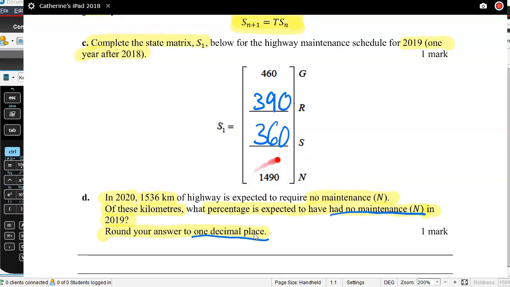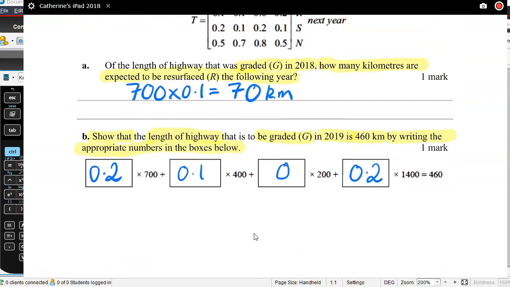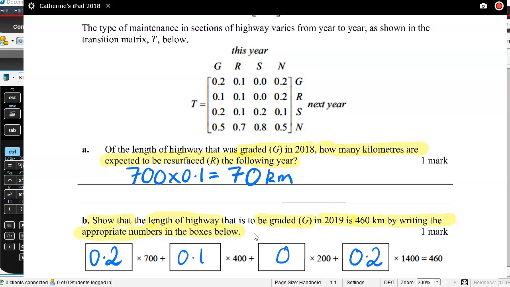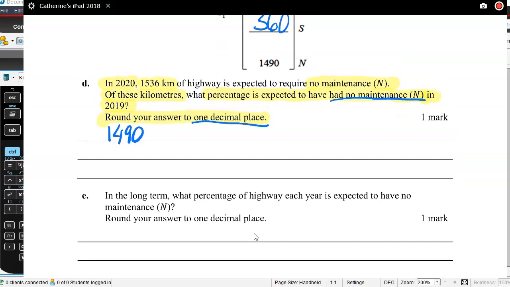So, of that 1,490, we know that looking back at our transition matrix, if they had no maintenance, there's a 50% likelihood that they are not going to have maintenance the next year. So 50% of the roads that had no maintenance in 2019 will have no maintenance in 2020.